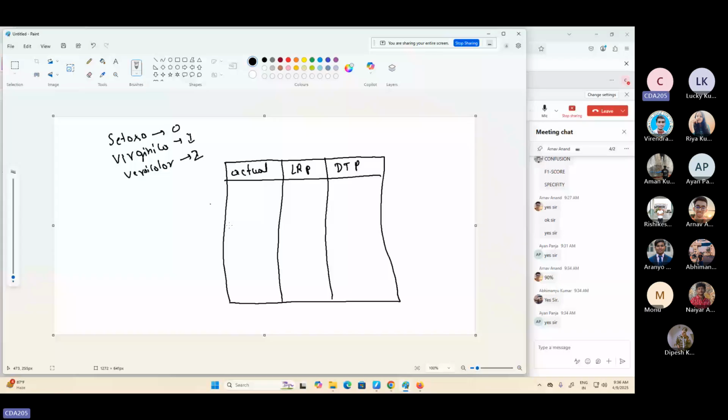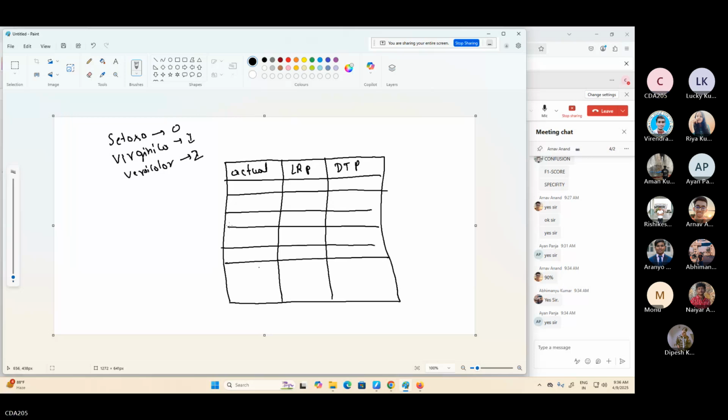So we can see 1, 2, 3, 4, 5, 6, 7, 8, 9. So we have 0, 0, 0, 0, then 2, 0, again 2, again 0, again 2 and 1. How many data are there? 1, 2, 3, 4, 5, 6, 7, 8, 9. So one more data we can set.